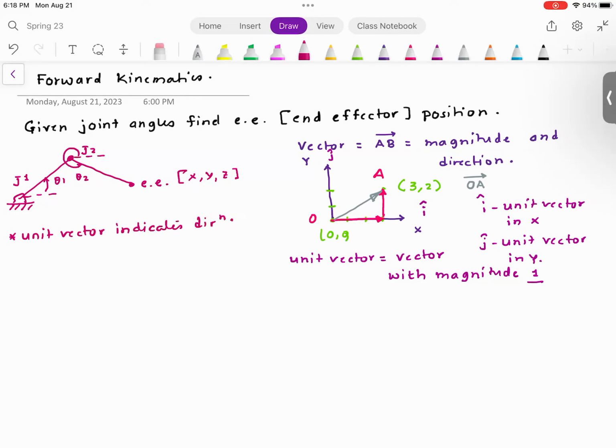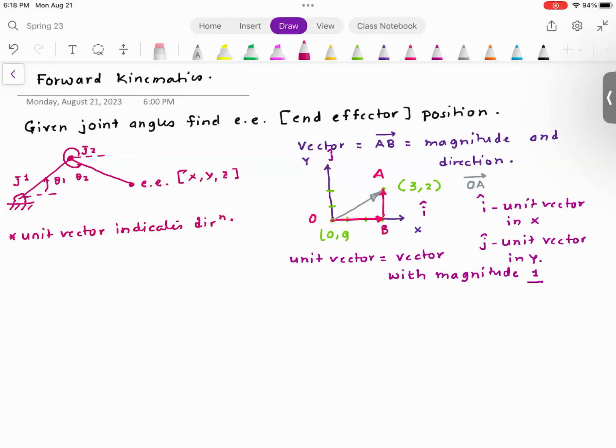Now what this means is I can start from O, go to point B, and from B, I can go to point A. Alternatively, I can go from O to A. Now, I want you to understand what this means.